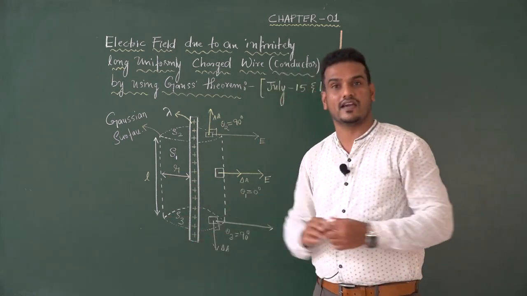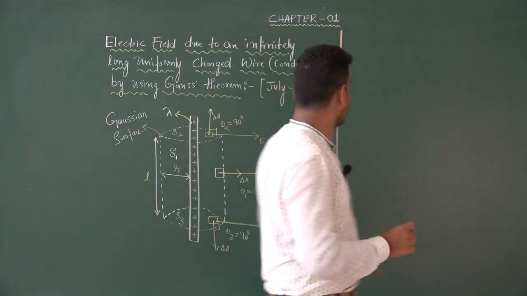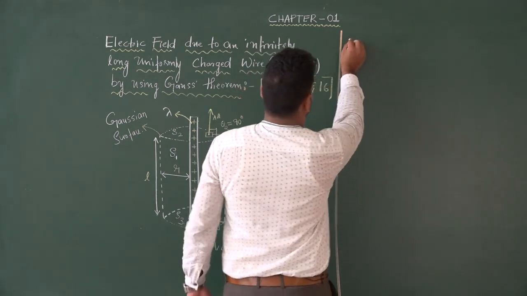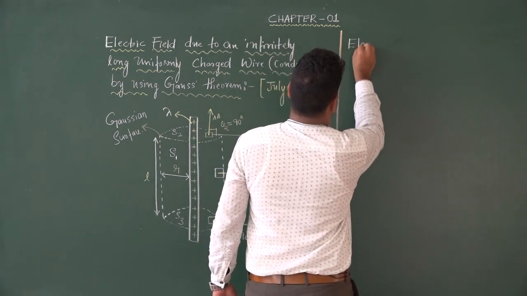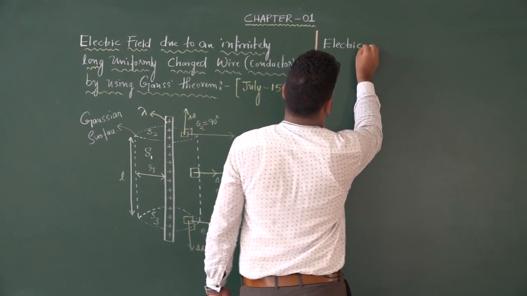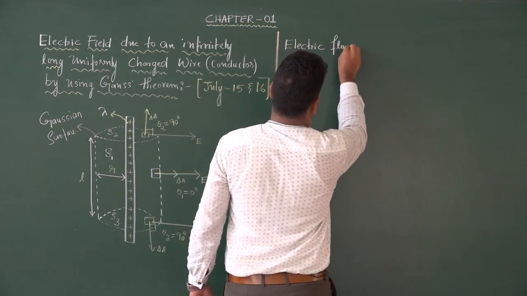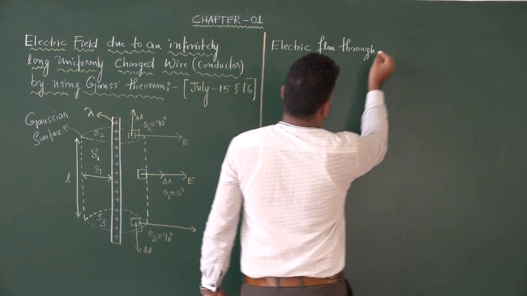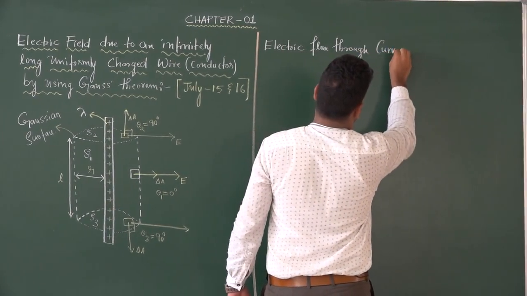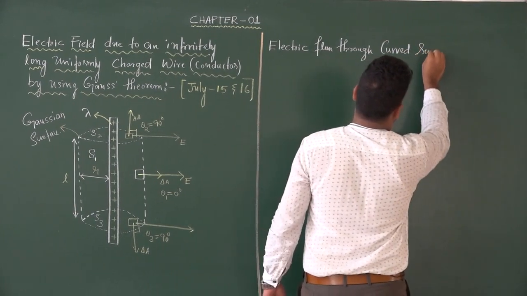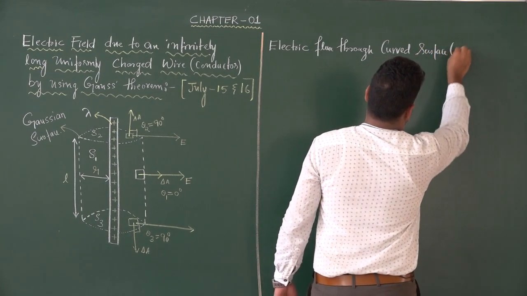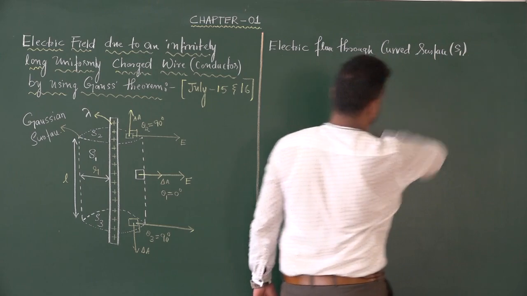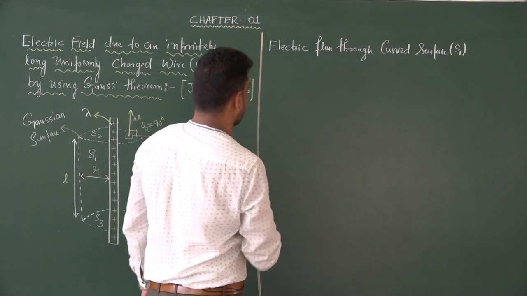Separately I am calculating. Okay, I will write here electric flux through the curved surface, that is we can give a name as S1.